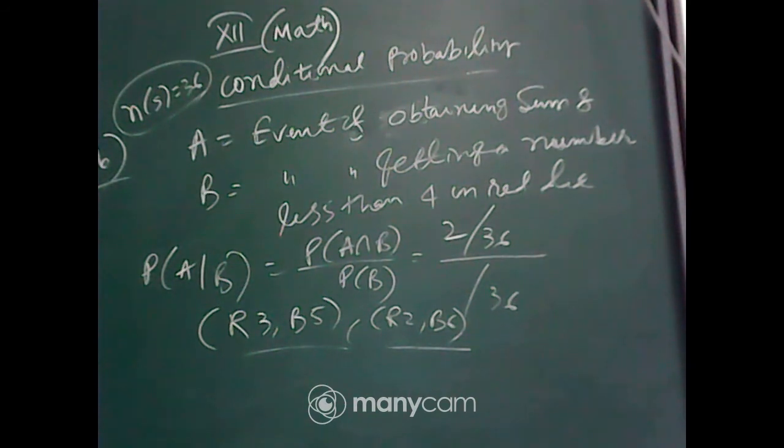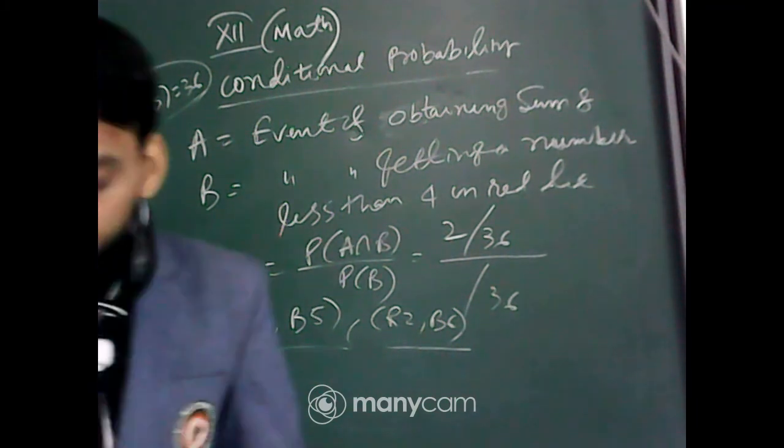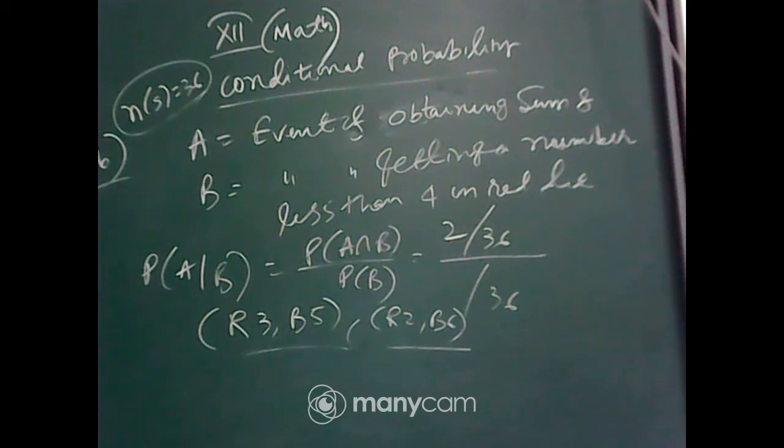Keeping R1 unchanged, B1 to B6 gives 6 cases; keeping R2 unchanged, 6 cases; keeping R3 unchanged, 6 cases.